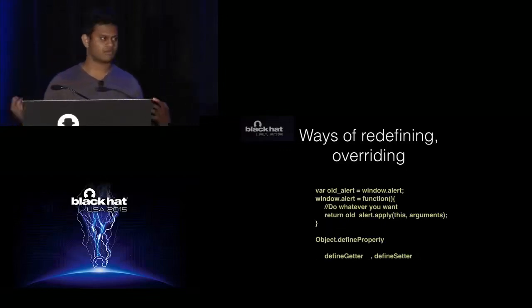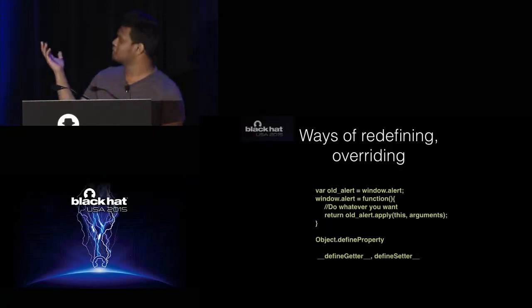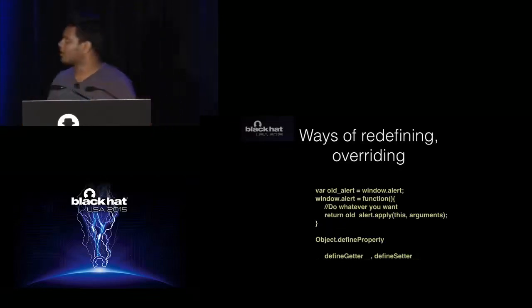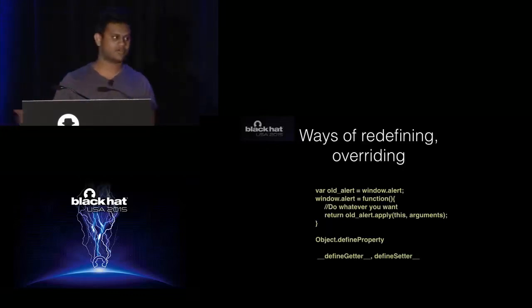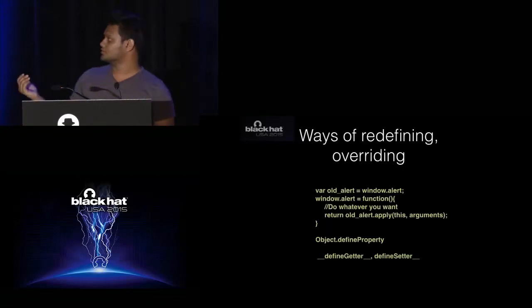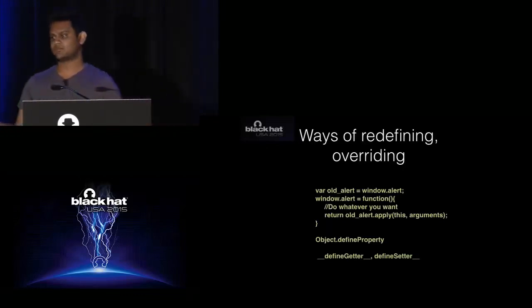I've used the basic properties here. For instance, if you have a method like window.alert, you would just have a copy of it, and redefine and override it. Or also use it for certain properties like cookies. So cookies are interesting properties.